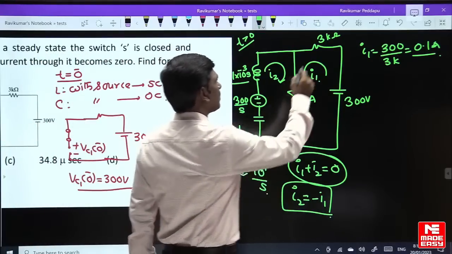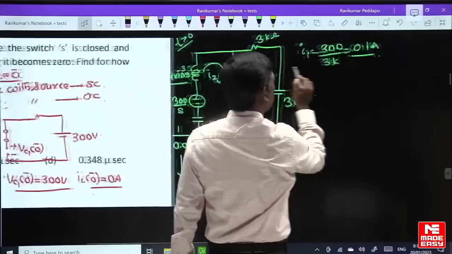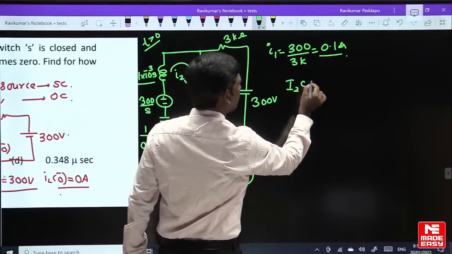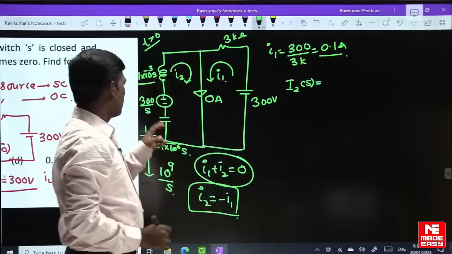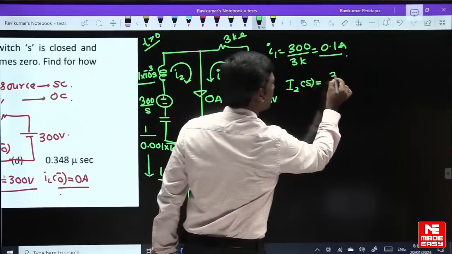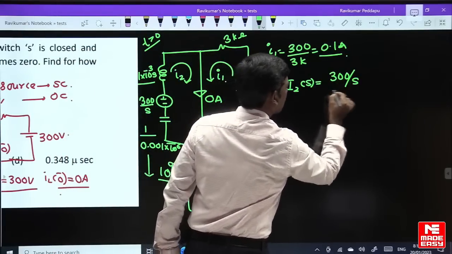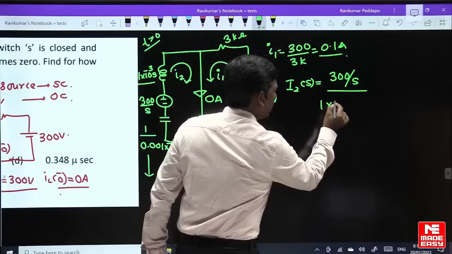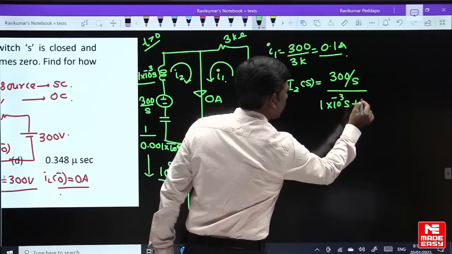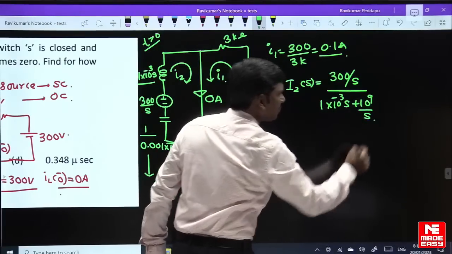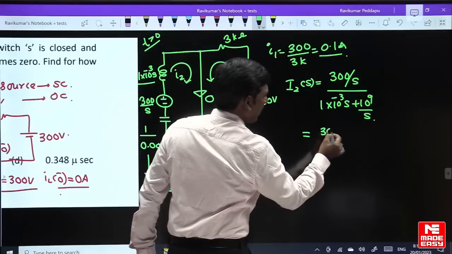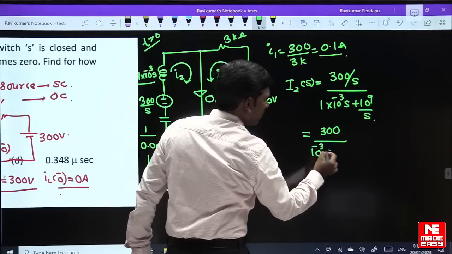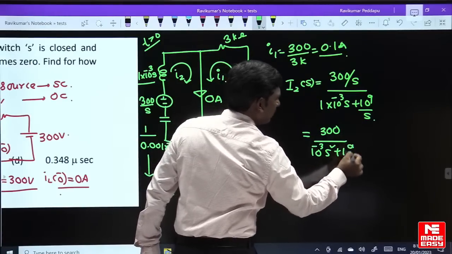How to find I2 of S? I2 of S is equal to 300 by S upon 1 into 10 to the power of minus 3 into S plus 10 to the power of 9 by S. So 300 by S, the S's get cancelled, 10 to the power of minus 3 S square plus 10 to the power of 9.